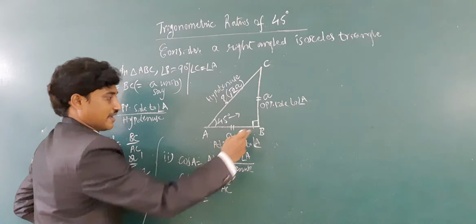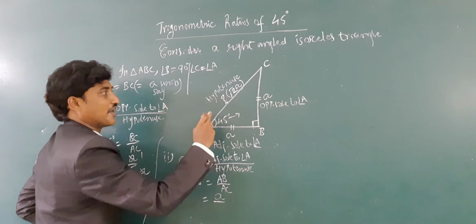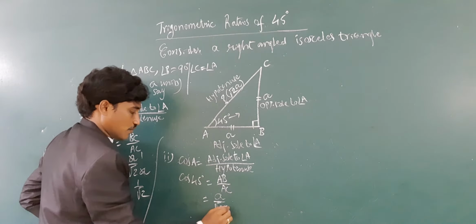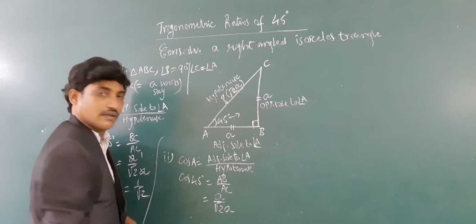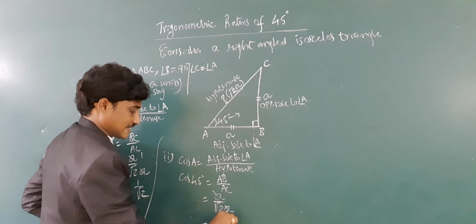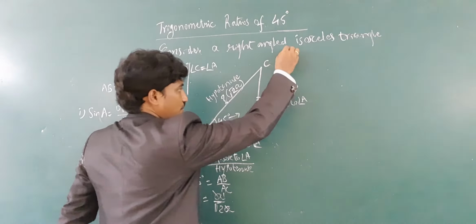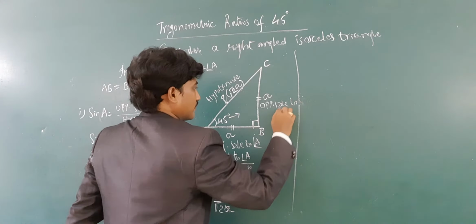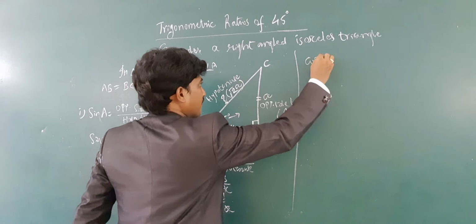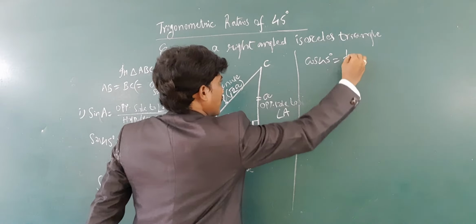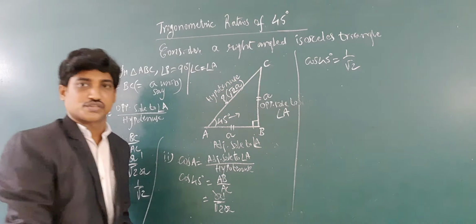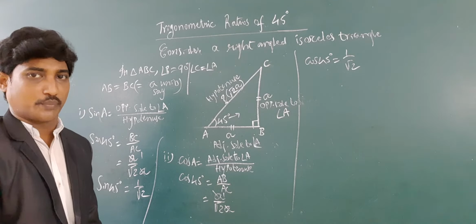AB length is A units and AC length is root 2 A. A gets cancelled, so cos 45 degrees is also 1 by root 2.